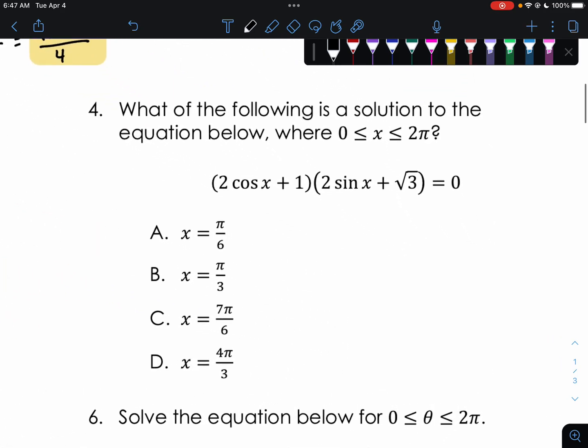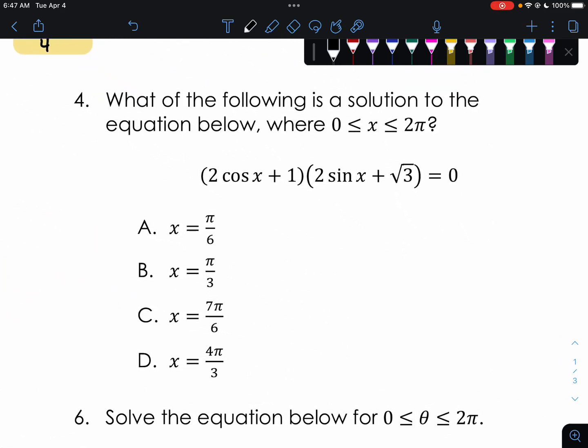Moving on to the next one. Which of the following is a solution to the equation where 0 to 2 pi is our domain restriction? To do this by hand, because it's already in factored form, all we're going to do is set each factor equal to 0.